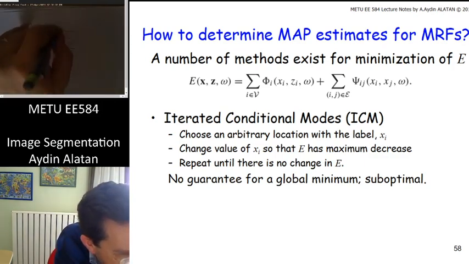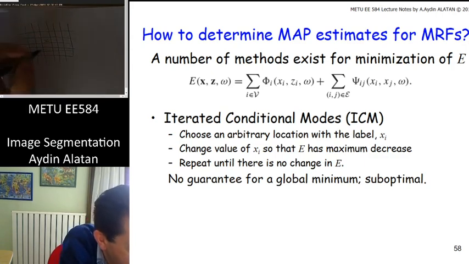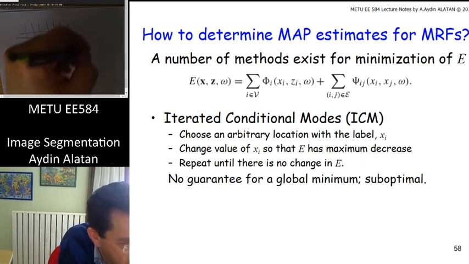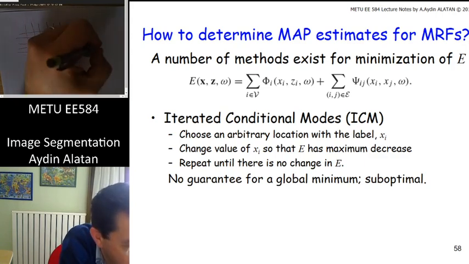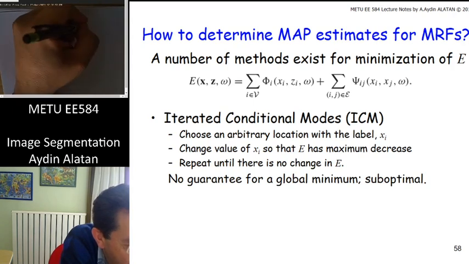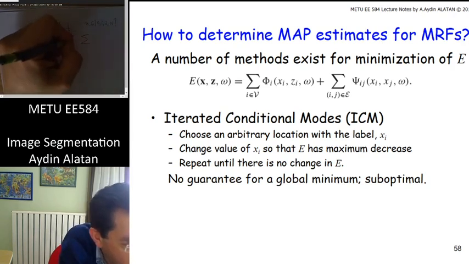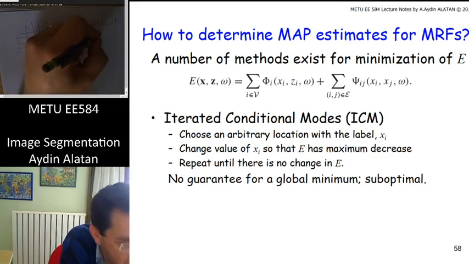We find a place, xi. I'm trying to guess the label. I go and calculate this thing, just assuming everyone else is fixed. These are fixed. Xi could take some labels like 0, 1, 2, n. Now what you do is you calculate your energy function in terms of these two terms.